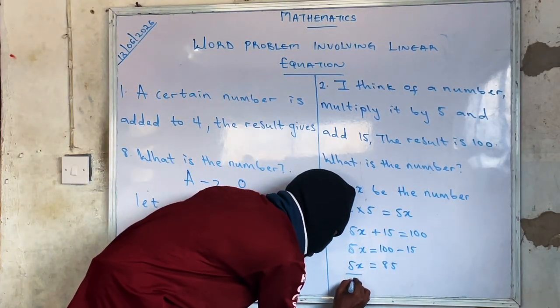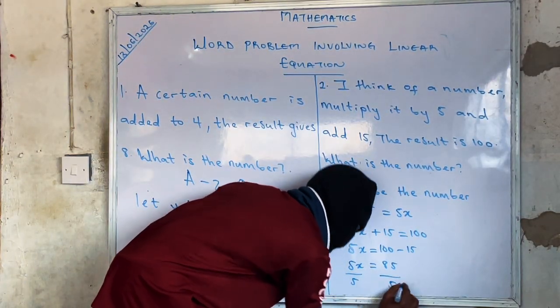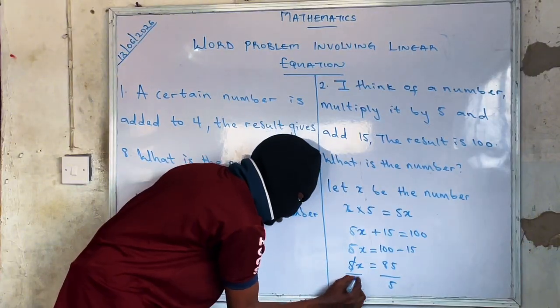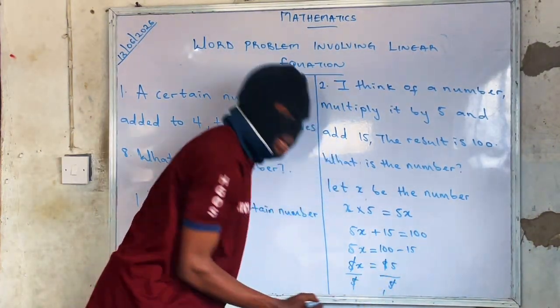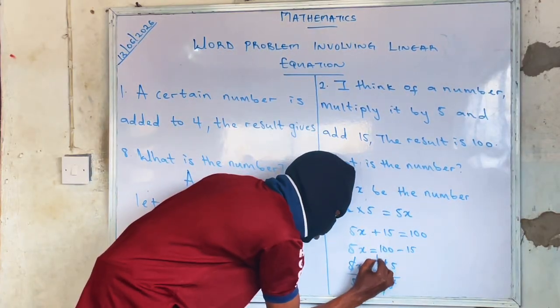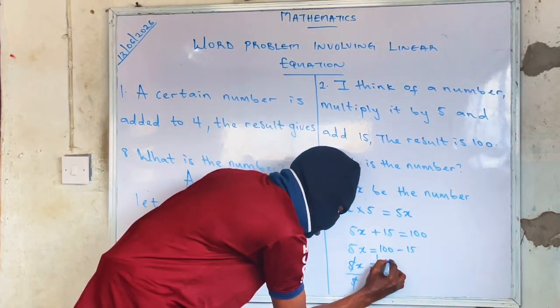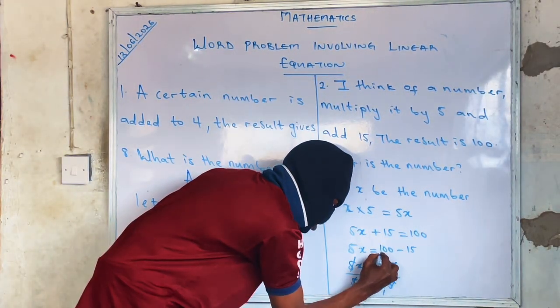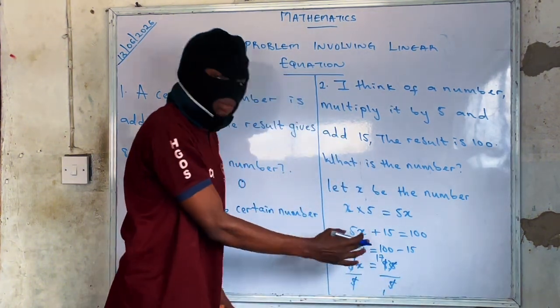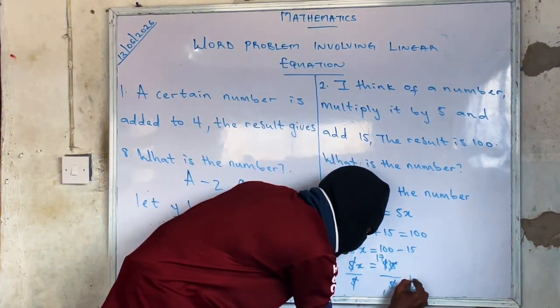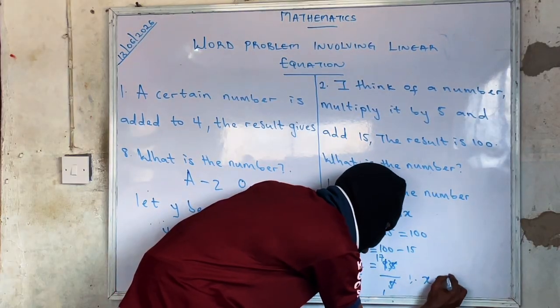Now you have over 5, over 5. Your 5 cancels this 5. Now, how many 5 can we see in 8? It is 1. Remember 3. How many 5 can we see in 35? It is 7. So 5 in 85 will give us 17. Therefore, x is equals to 17.